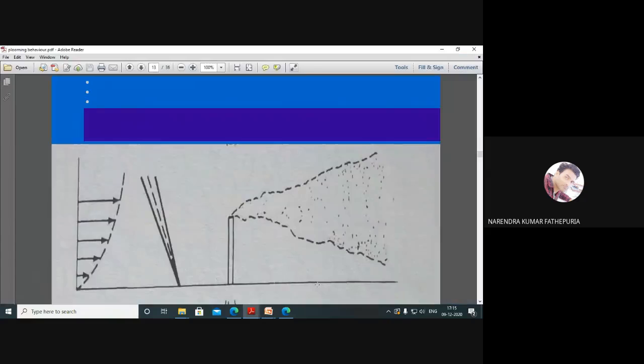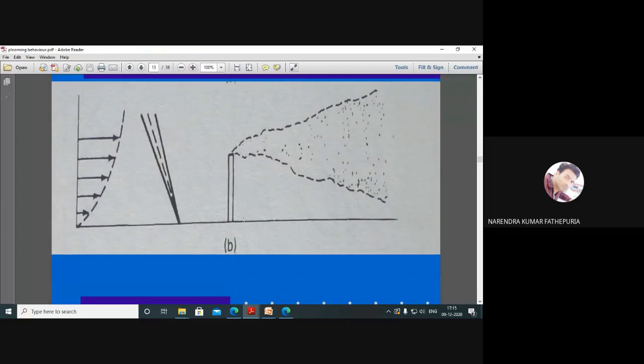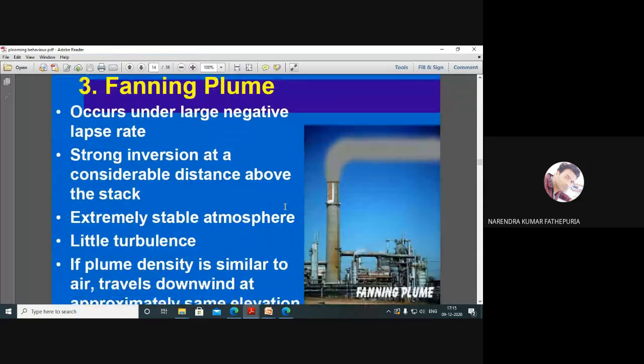This is the coning condition. And the third one is the fanning plume. It will be in a fanning shape. So it will go like this, at equal volume and the same height. It will go to a certain height first, and after that it will disperse straight horizontally. Then after passing through a certain distance, it will go down to the surface, on the ground.